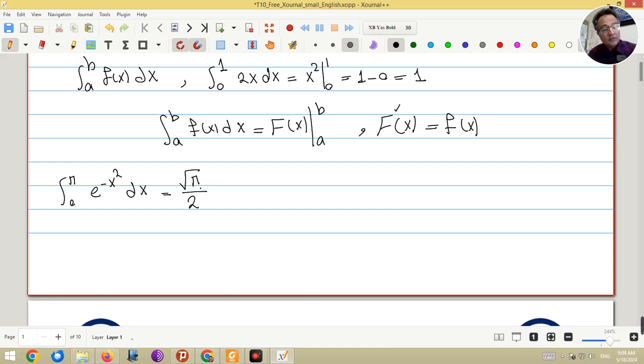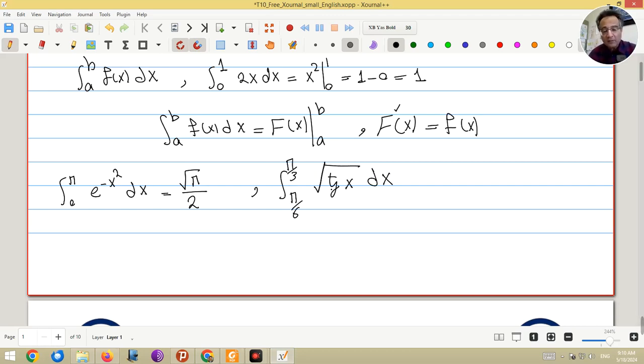So the question is: how can we find this value without computing big F, or without taking the integral of f? This is the problem. Or in some cases, for example, you want to compute the integration from pi over 6 to pi over 3 of the square root of tangent of x dx.